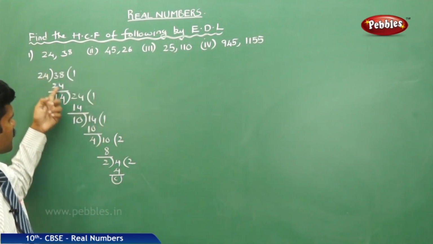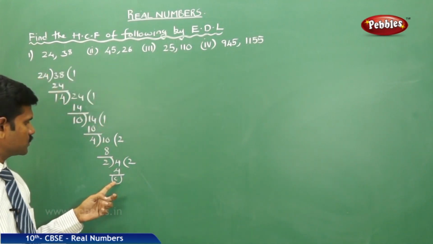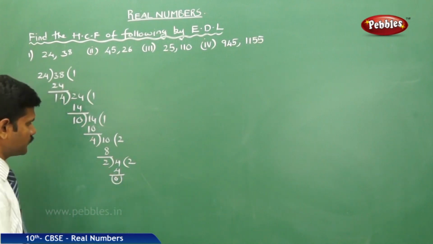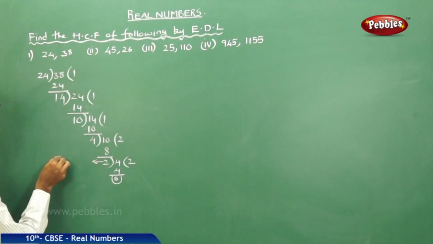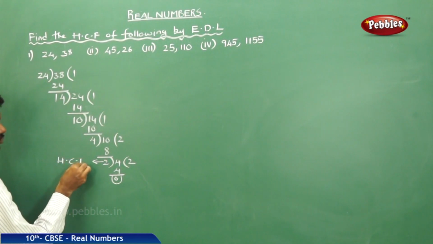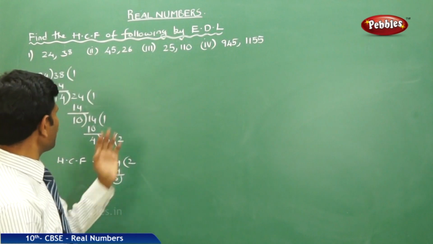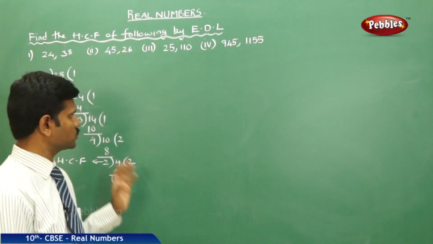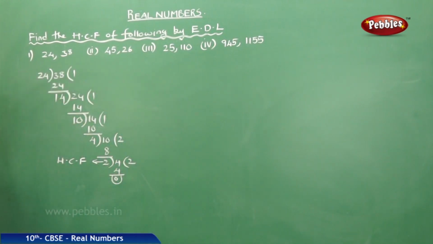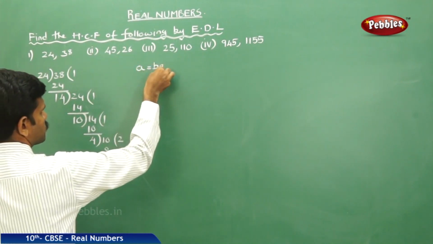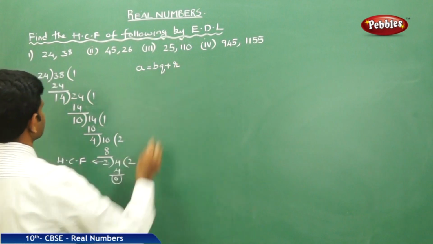We have to continue the process till you get the remainder 0. Therefore, your HCF is 2. It is the division method. With the help of this one, now how to do it? Let us see. You know, a = bq + r.